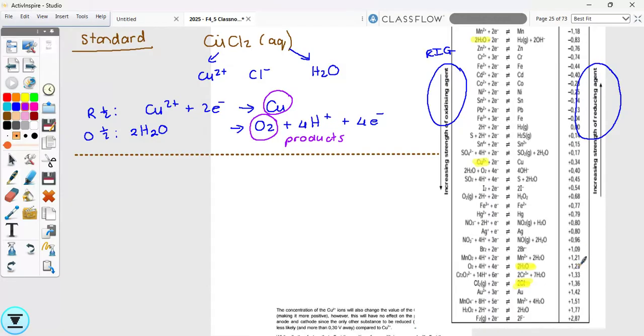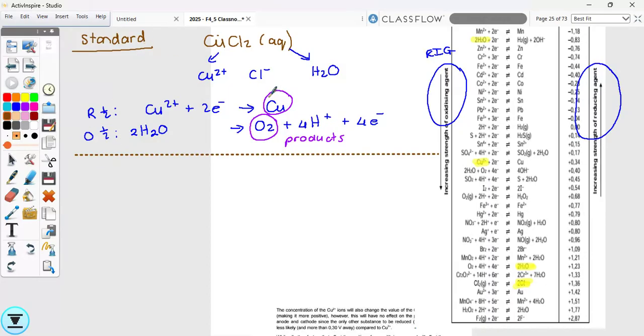It's not in the data sheet, but if you look at the difference here between H2O, that's 1.2 and 1.3, it's very, very close. But for water, sometimes we use Na, and there the difference is bigger than 0.4, so it doesn't happen. But what I'm trying to say is, if it's not standard conditions, if it's now concentrated, and that's what the question is going to say.